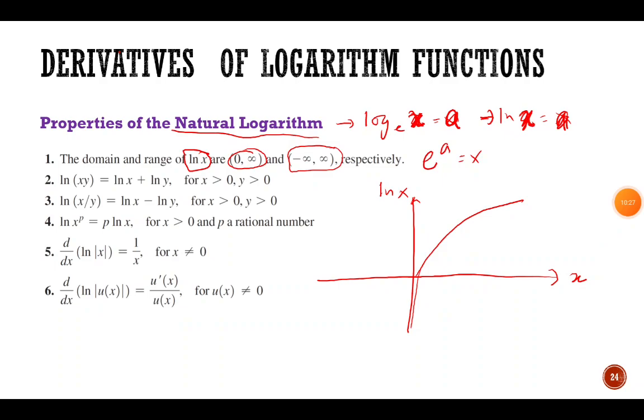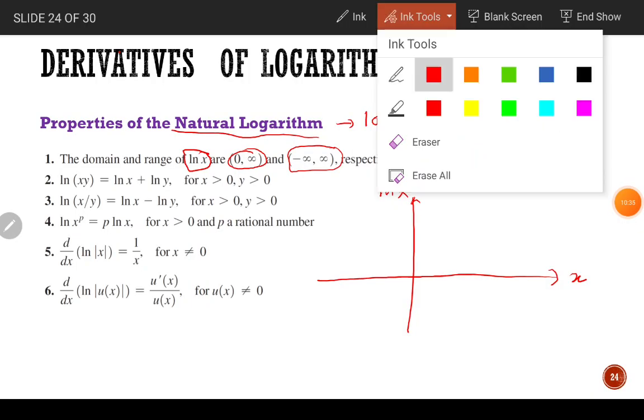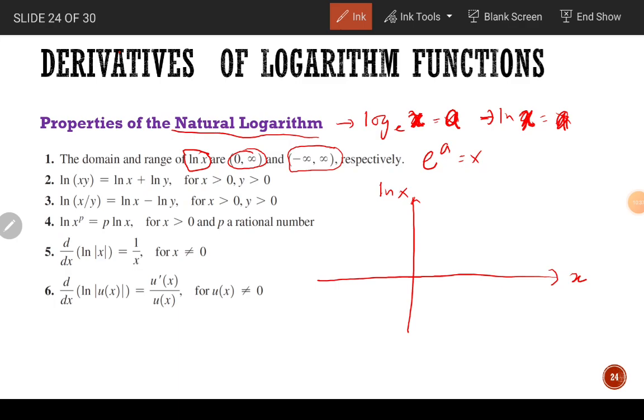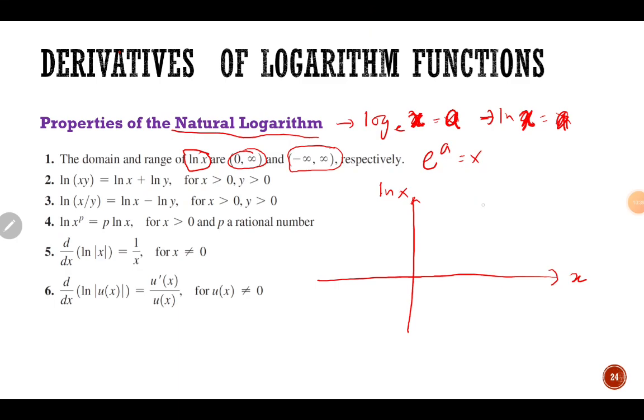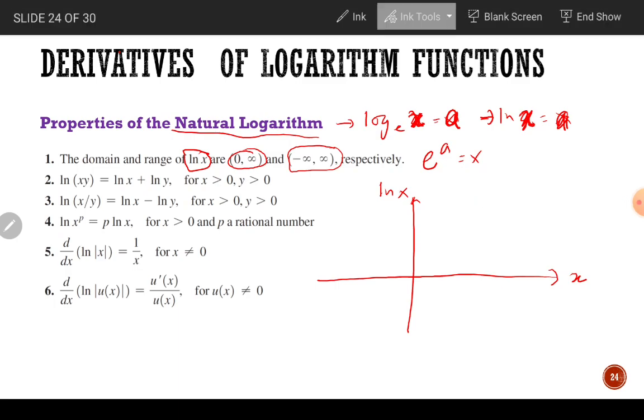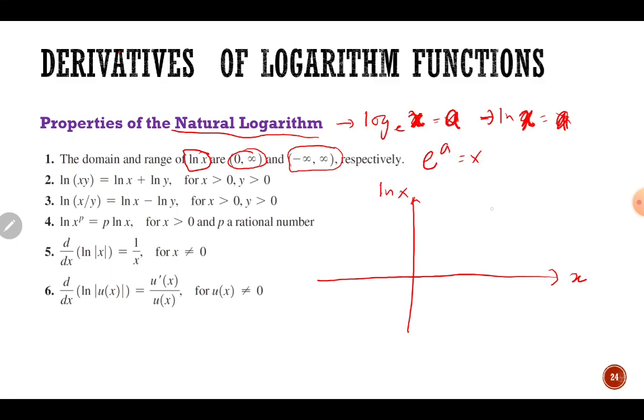Okay, yang mana graph dia, saya dah silap sikit ni. Saya erase balik lah graph dia ni. Okay, graph dia ni y equals to ln x.